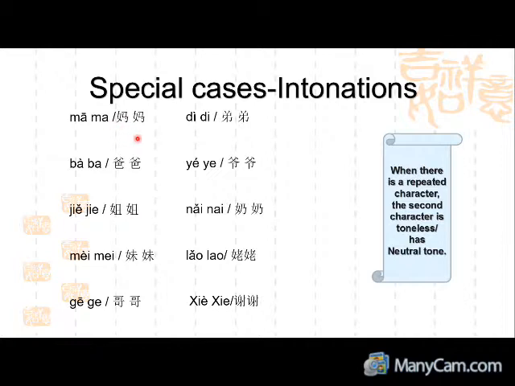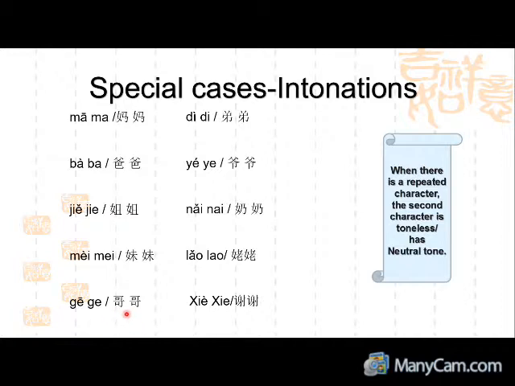Mama means mother, your mother. Next one here, baba. Baba means father. Next one, 姐姐. 姐姐, that means sister, your older sister. 妹妹. 妹妹, that means younger sister. 哥哥. 哥哥, it means older brother.